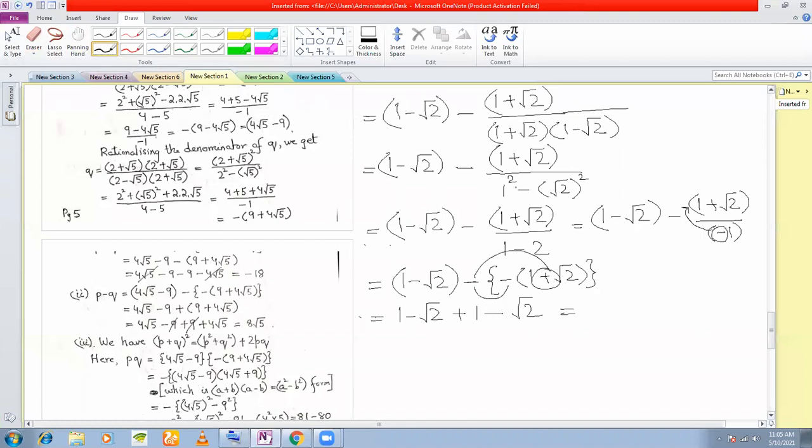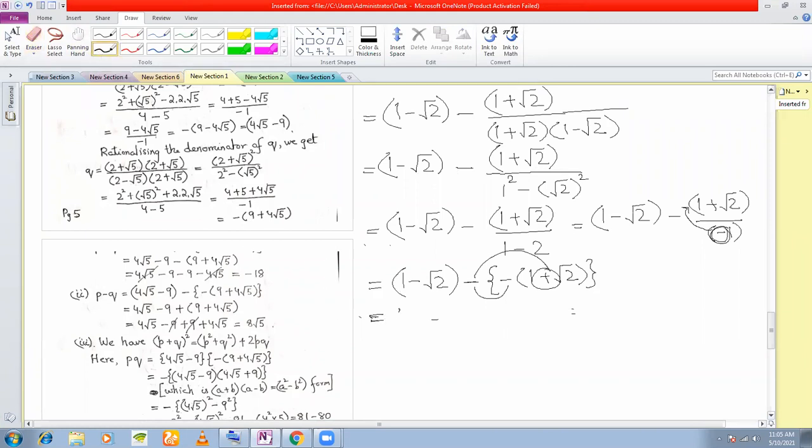Here, when we are multiplying, just see there is a small mistake that I have made. That 1 minus root 2, you have 1 plus root 2, and you have minus 1 plus root 2, and you have a minus 1 here, right? The mistake here is this.